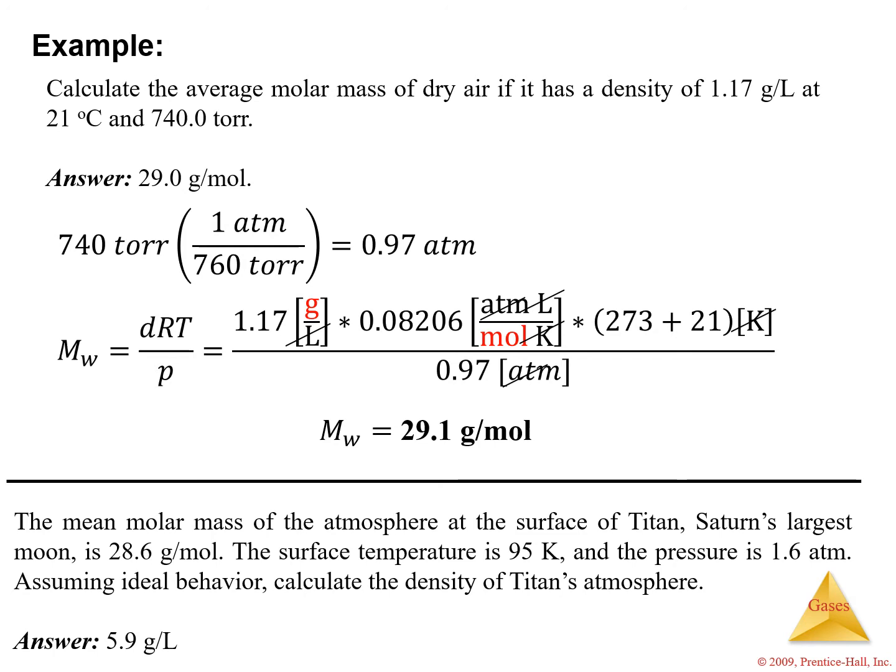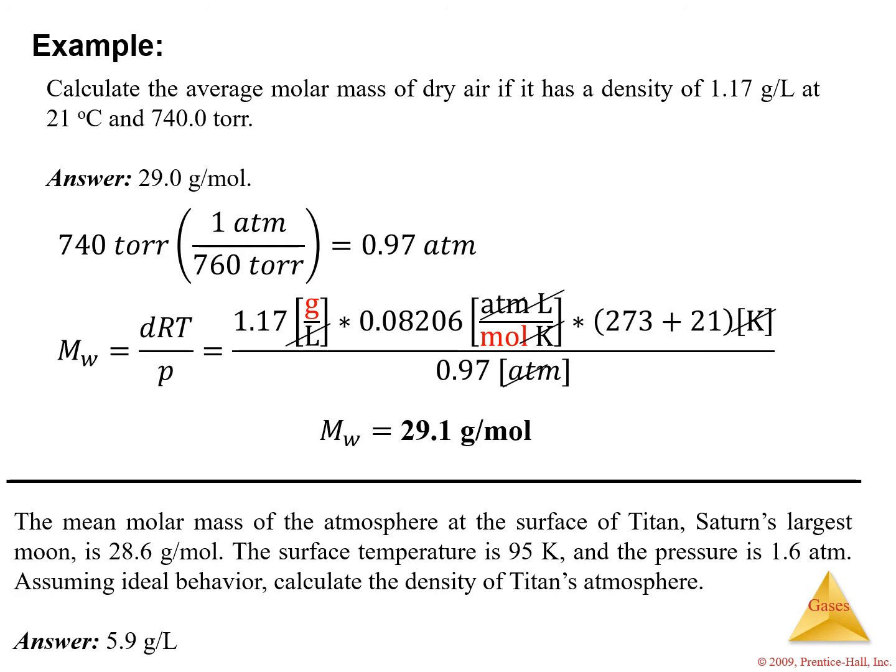Calculate the average molar mass of dry air if it has a density of 1.17 grams per liter at 21 Celsius and 740.0 torr. So torr is pressure, temperature is in Celsius, density is also given.